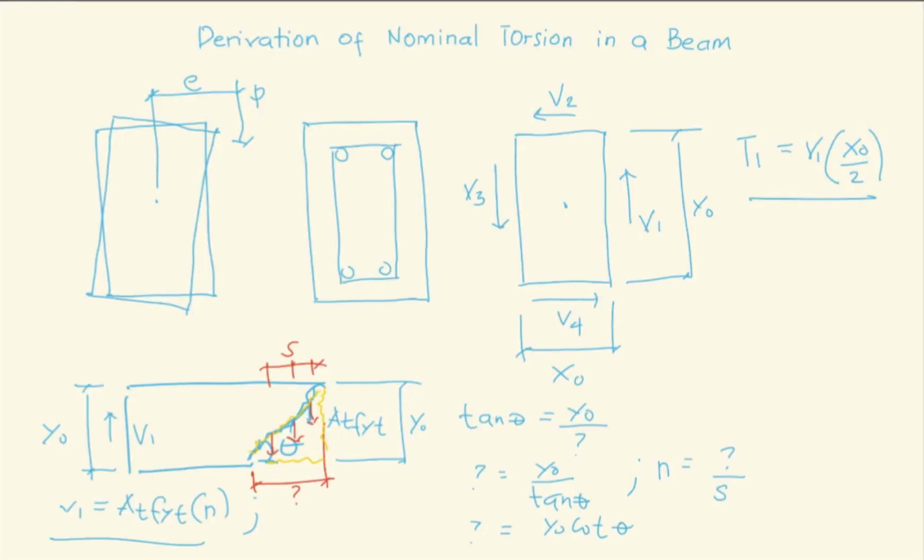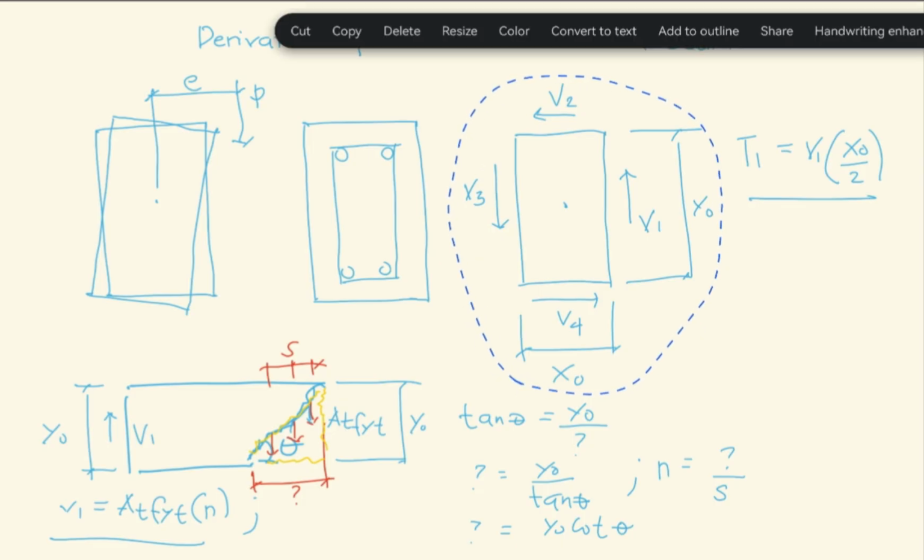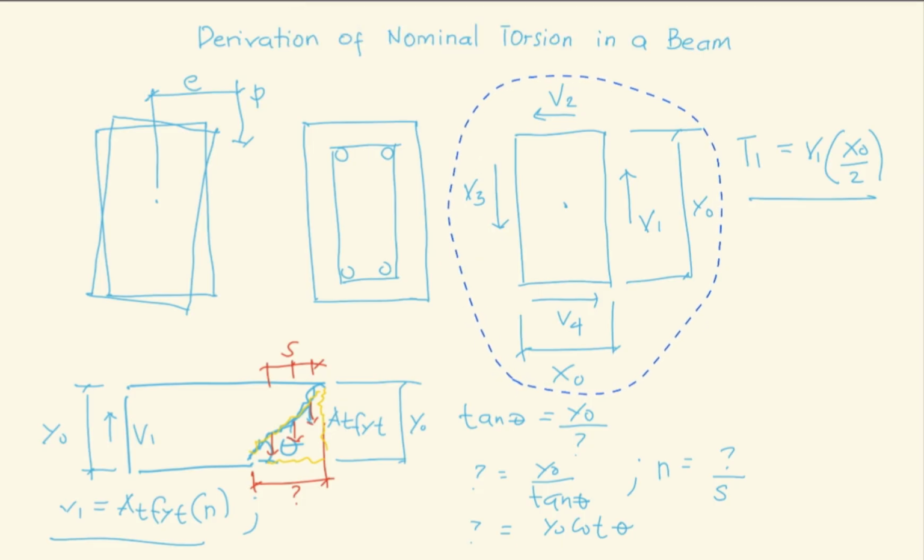Okay, we'll now derive the nominal torsion in a beam based on the resistance of the longitudinal reinforcement. So we need to copy this section.